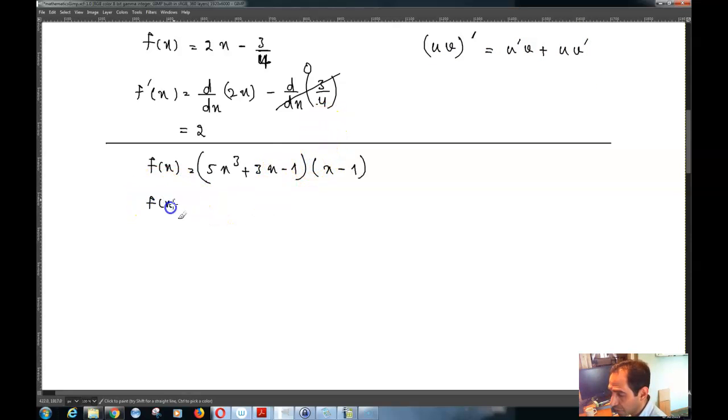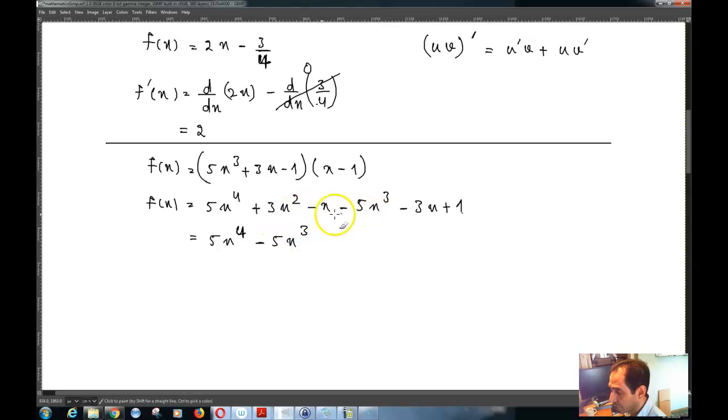So you can write your f of x as 5x raised to the power 4 plus 3x squared minus x minus 5x cubed minus 3x plus 1, which is equal to 5x raised to the power 4 minus 5x cubed plus 3 times x squared minus 3x minus x is minus 4x, plus 1.